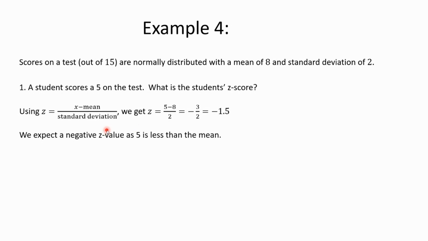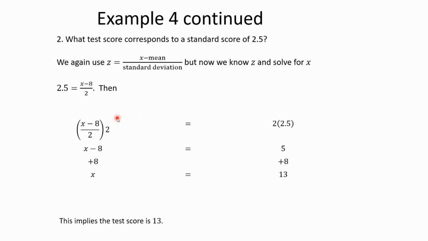And in the next example here, we can actually go the other way. In other words, if we know the z-score or standard score, that's what z-scores are also called, we can actually get the corresponding data value.